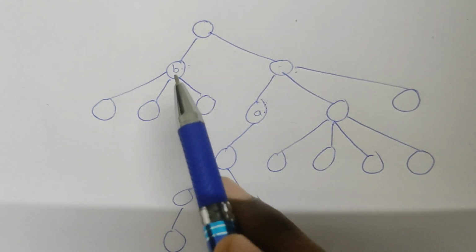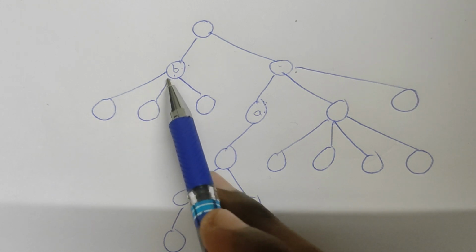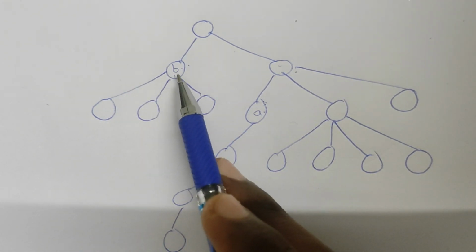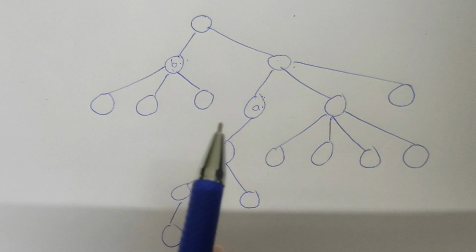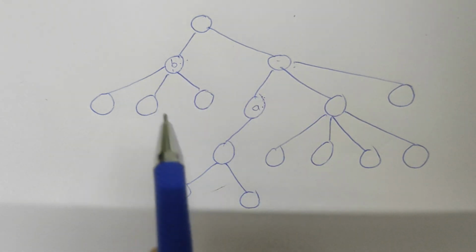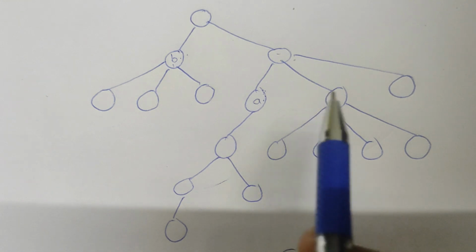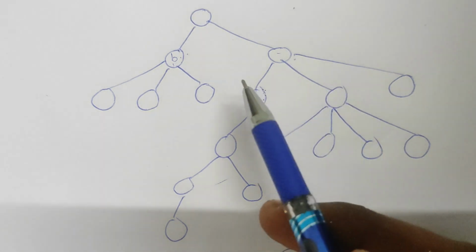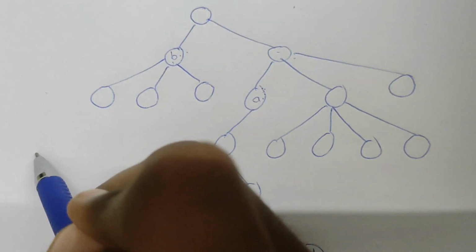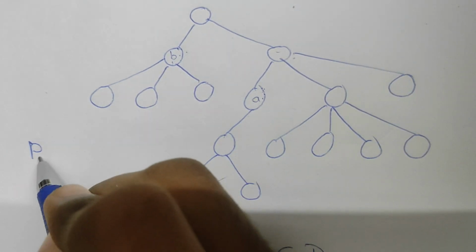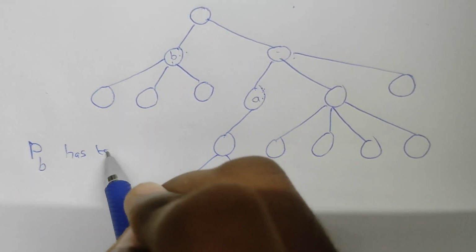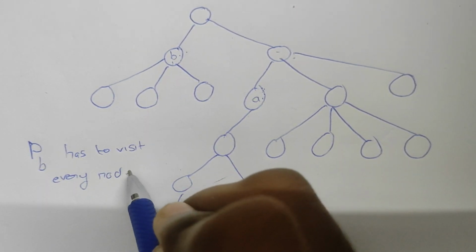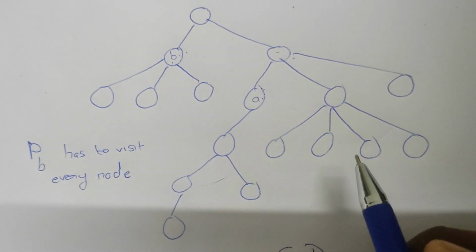Since PB is the one that is coloring the nodes blue, we have to make PB go to every node. Since PB is the only one capable of coloring the nodes blue, PB has to visit every node. So that's one observation.